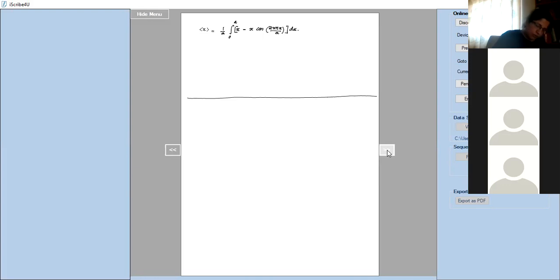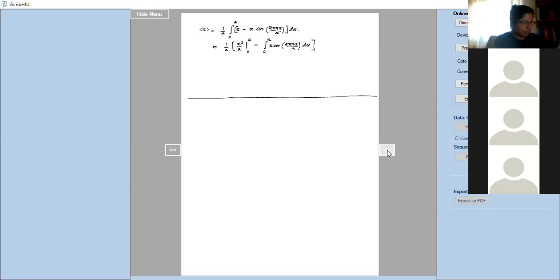Right? So your first thing, of course, will be 1 by a, and here you will get x square by 2 from 0 to a, minus 1 by a, integral from 0 to a of x cosine 2n pi x by a, dx. So what is going to be the first term?